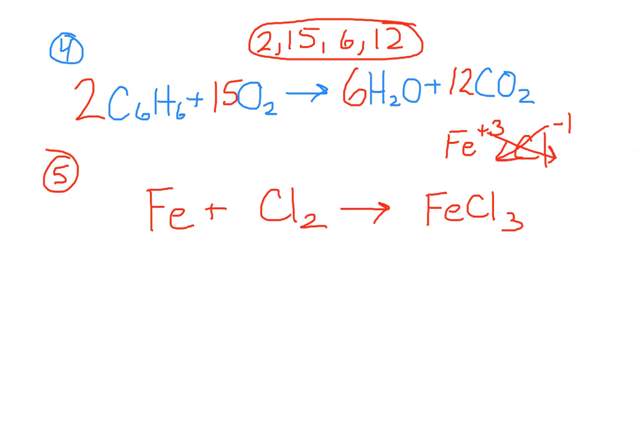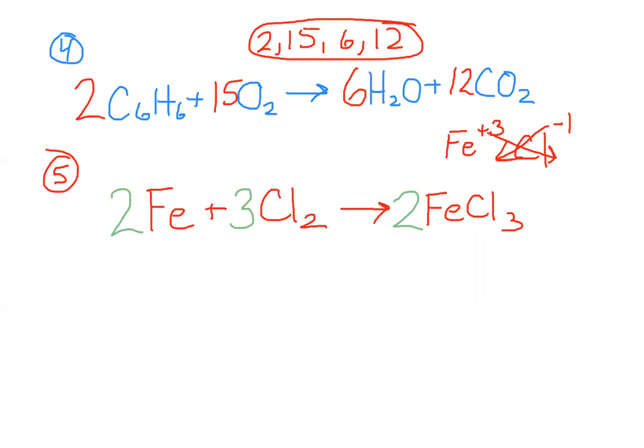And now we got to look to see if it's balanced. Is it balanced? No, it's not. We have 2 chlorine on this side and 3 on this side. So we're going to have to put a 3 here and a 2 here, which gives us 6 chlorine on both sides, but it gives us 2 iron on this side, so we got to put a 2 there. Okay, that's how you balance equations.